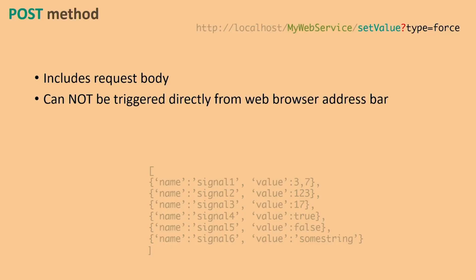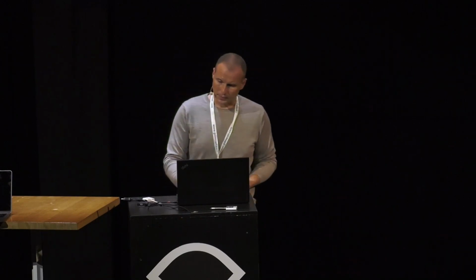But the difference is that it cannot be called directly from the web browser address bar. So in this case you need some third-party tool or another application that does that. But since we are talking about APIs, it's not really important to call it from the web browser. It's important that it can be called easily from another environment.